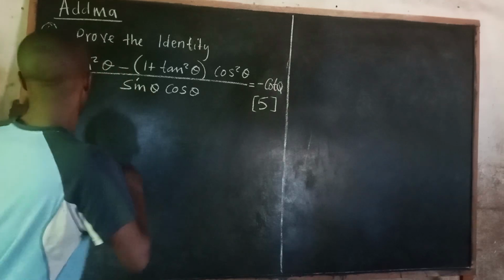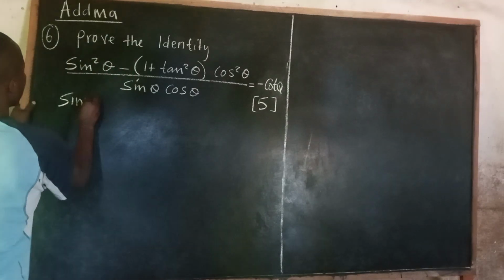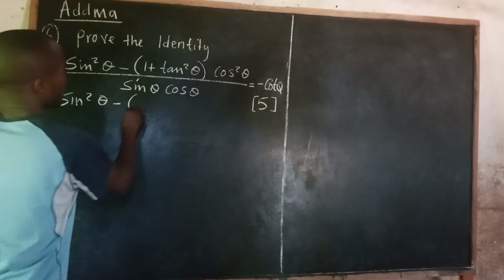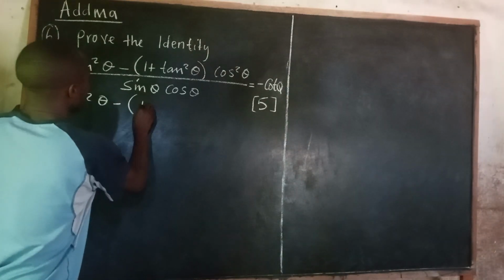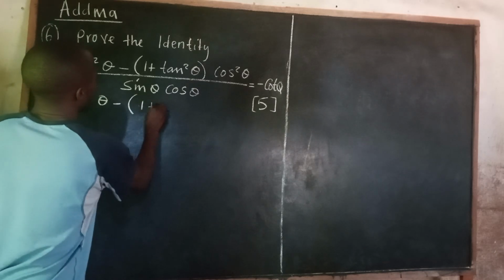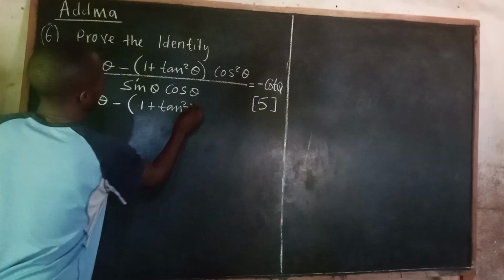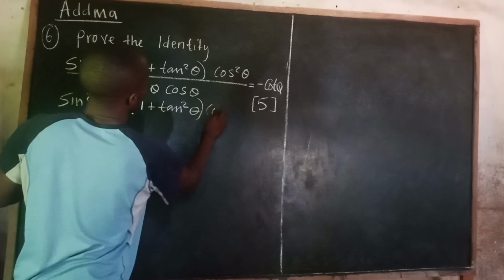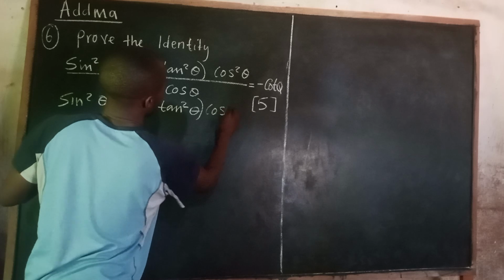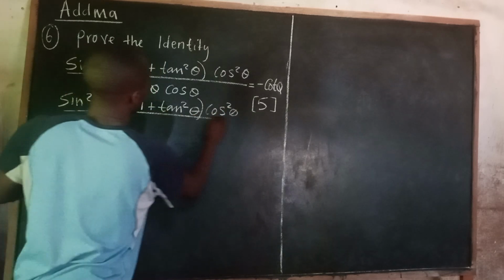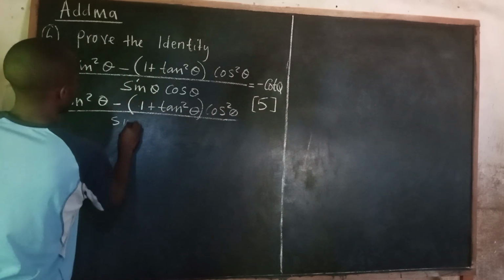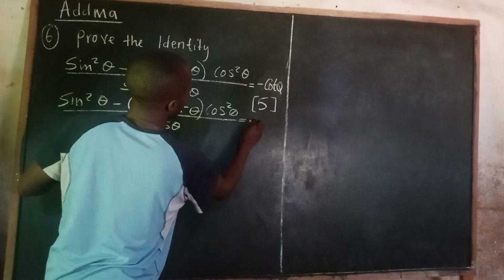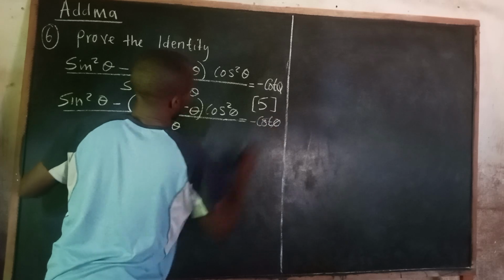So we are going to bring down this same expression, applying the identities that I've mentioned: sine theta squared, minus open bracket 1 plus tan theta squared, close bracket, cos theta squared, over sine theta cos theta, equals negative cot theta.